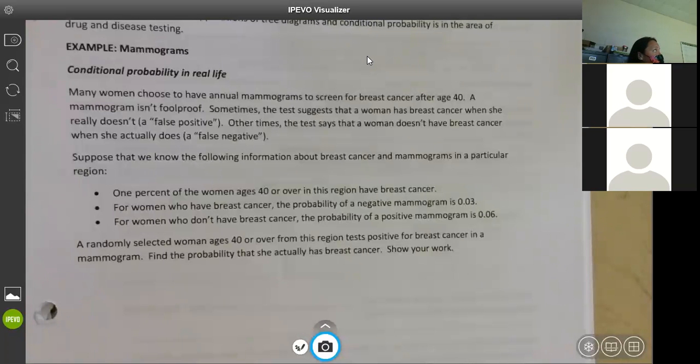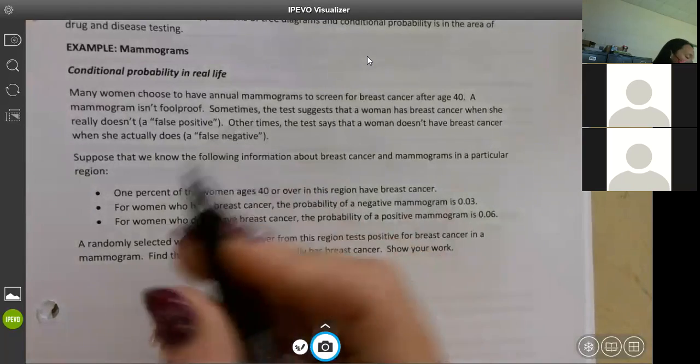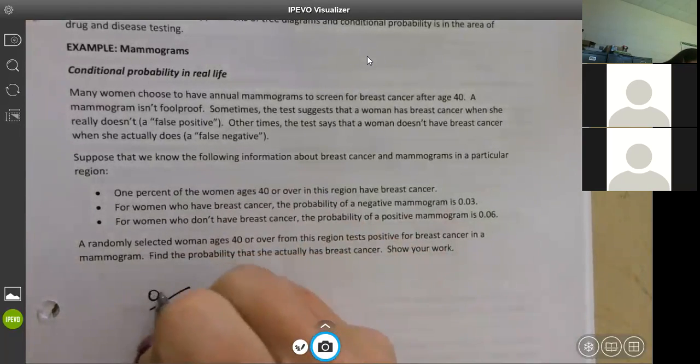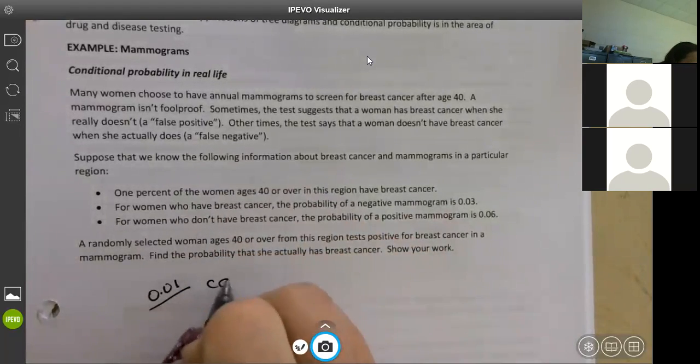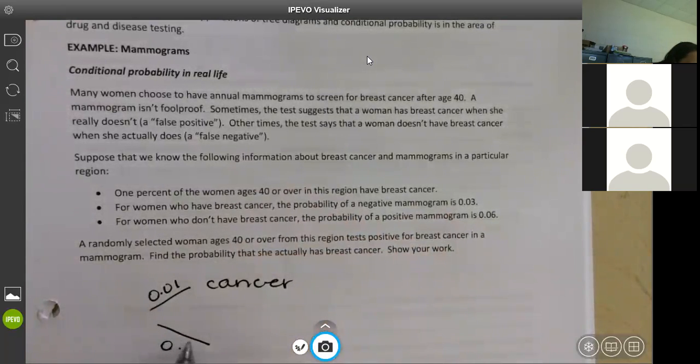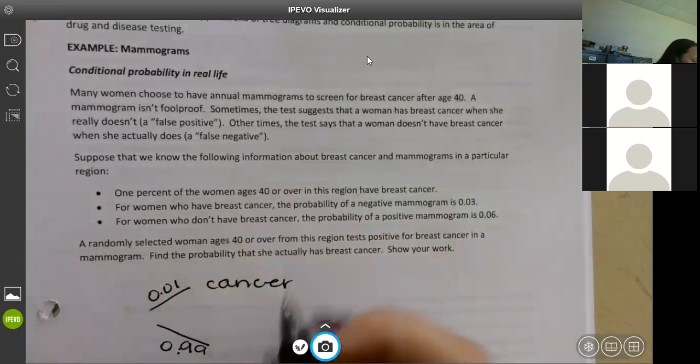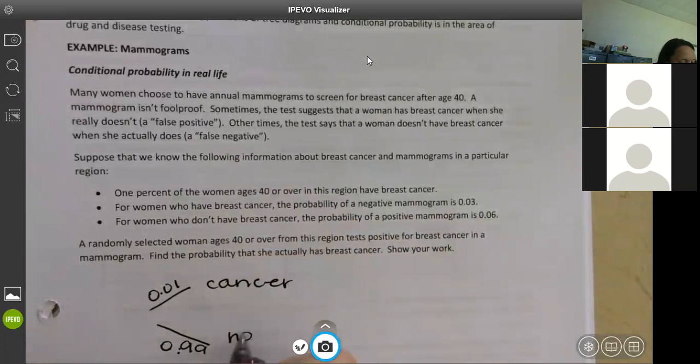Of what? So 0.01 has cancer, right? What about the other ones? Do not have cancer. So that's your start. 0.01 have cancer. 0.99 do not have cancer. So I just put no cancer.